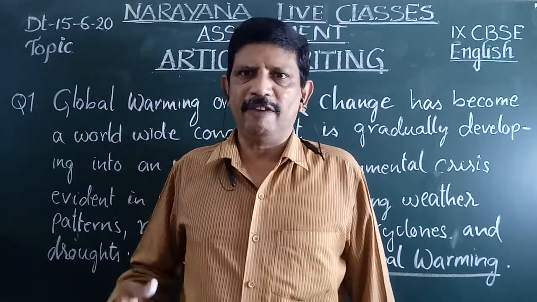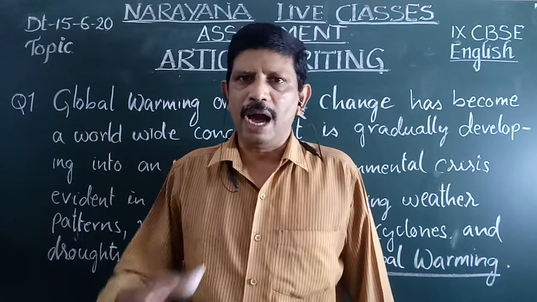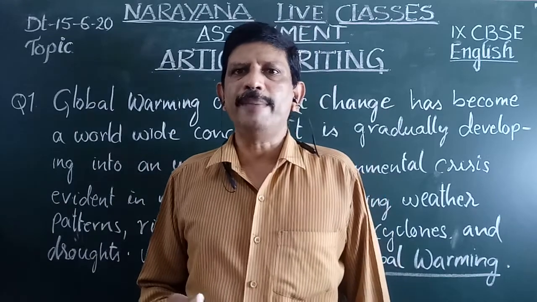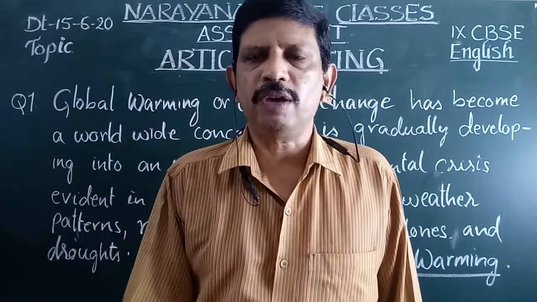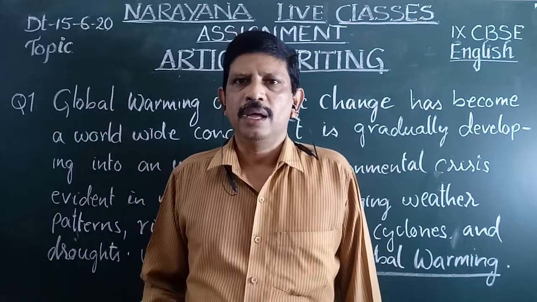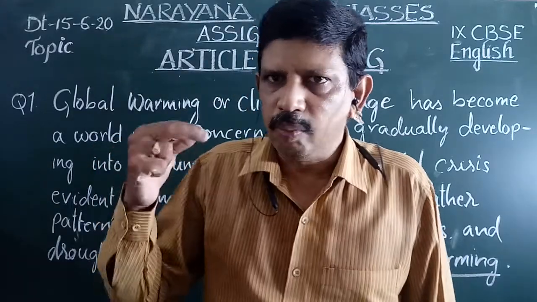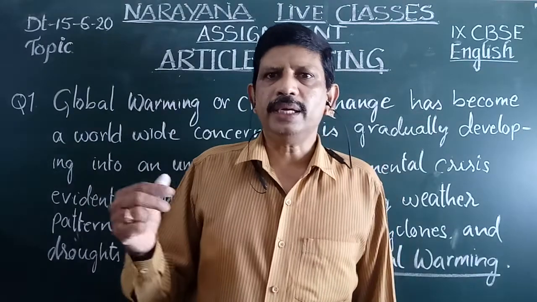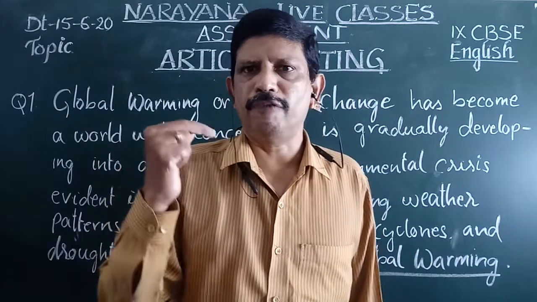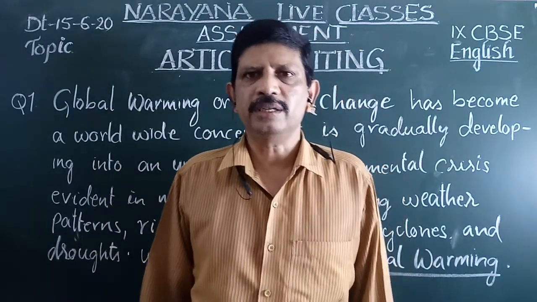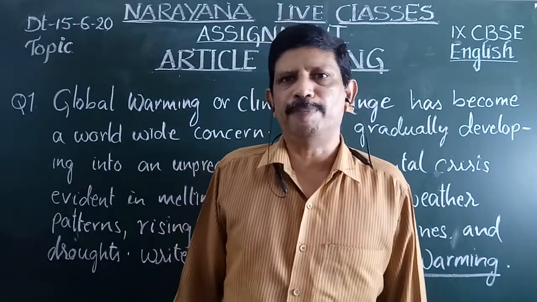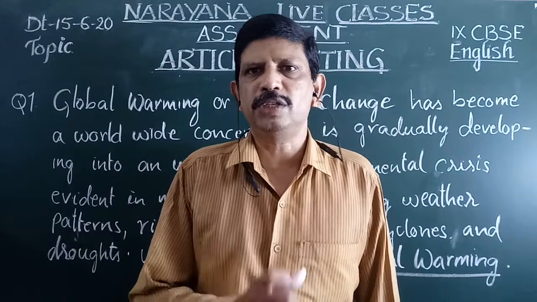In the second paragraph, the development of the article, you have to write the effects of global warming, what consequences we are going to face, how and why global warming has come, what the importance of planting trees and afforestation is, and what roles the government and the people should take to stop global warming.